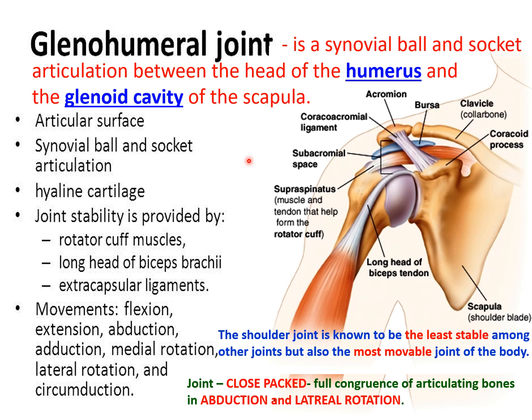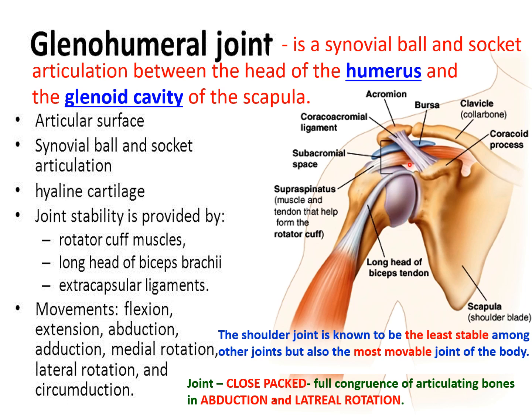The overview of the glenohumeral joint is that it is a synovial ball and socket type of joint between the head of the humerus and the glenoid cavity of the scapula. These articular surfaces are lined by hyaline cartilage.